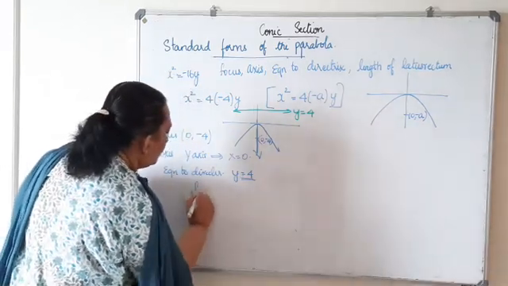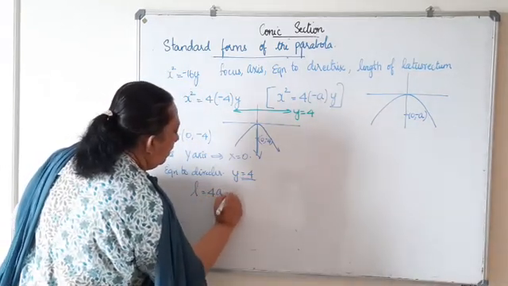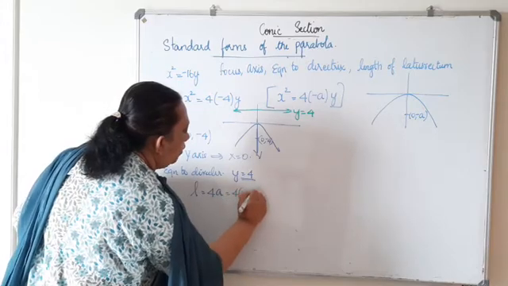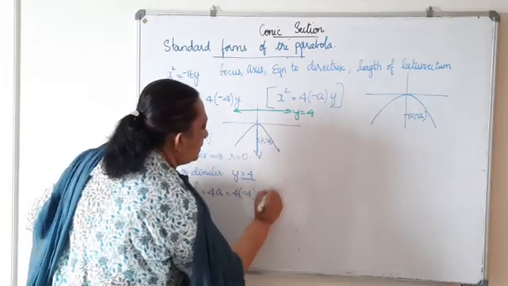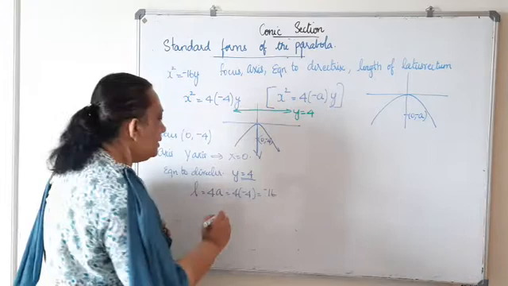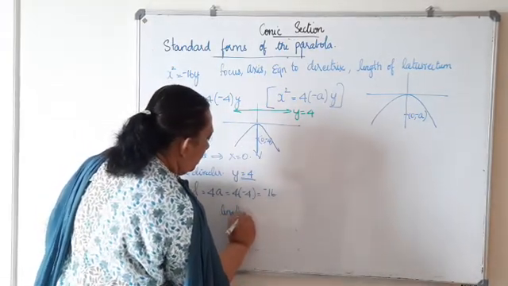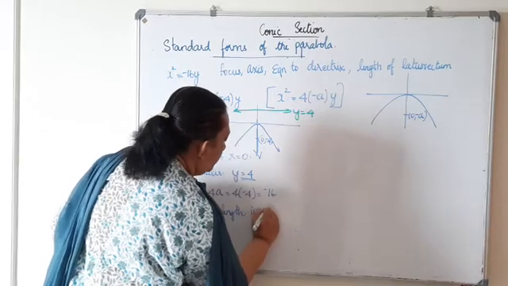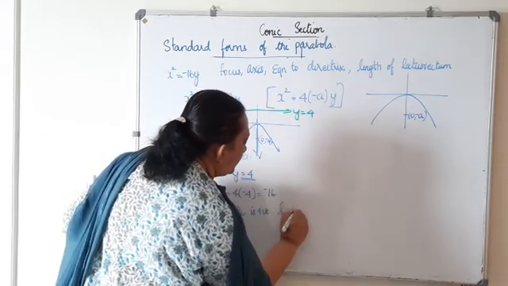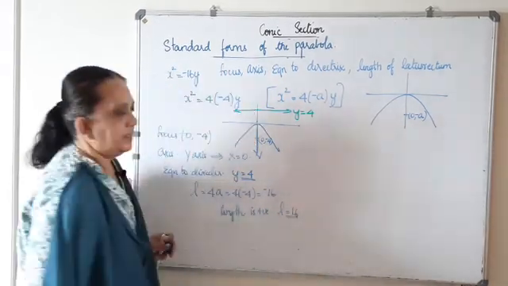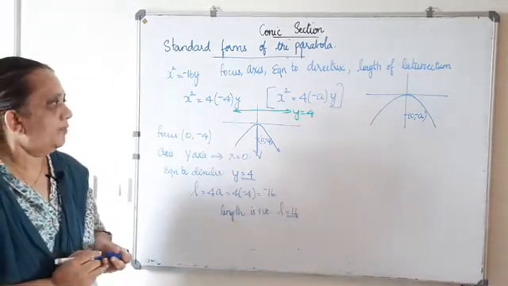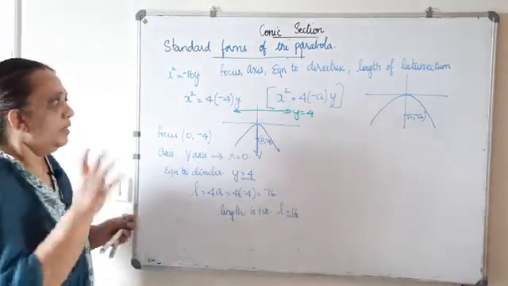Length of latus rectum is equal to 4a. That is 4 into minus 4, which is equal to minus 16. But length is always taken as positive. So the length of latus rectum is equal to 16.